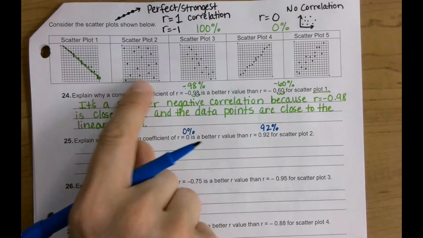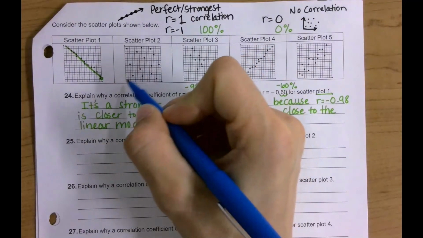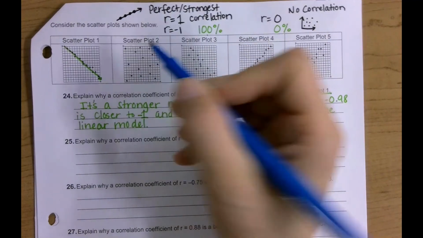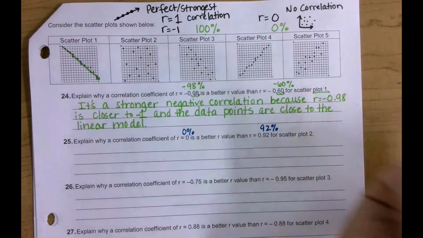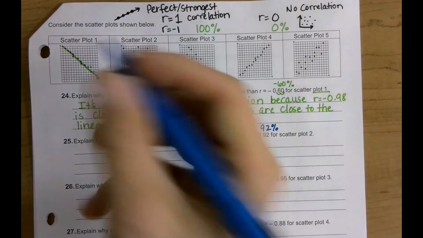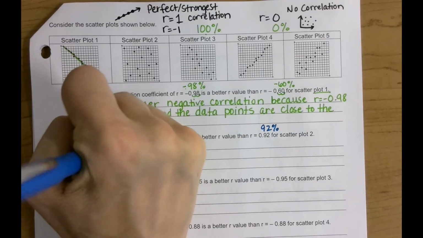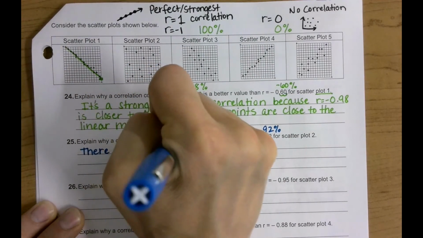So looking at scatter plot 2, I can't draw a line. If I drew a positive linear line, all the points are kind of spread out all over the graph. If I drew a negative line, nothing really works with this data. So there is no correlation.